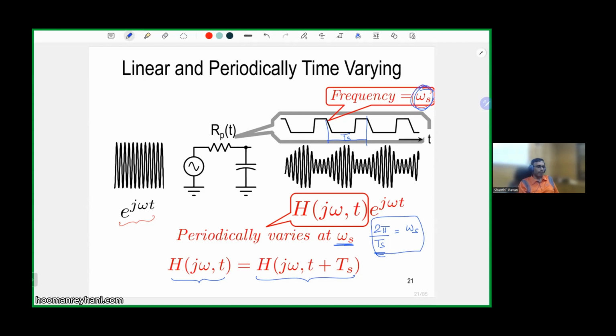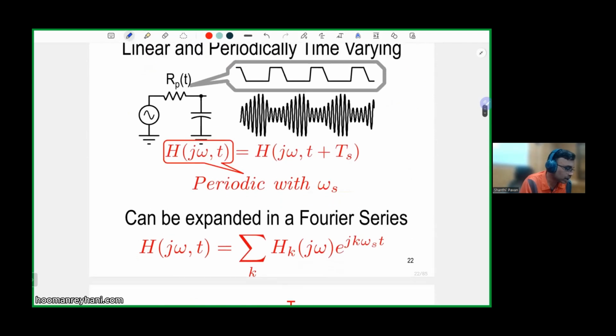Now, if you have a waveform which is periodic with time, you can always express it as a Fourier series, and that's precisely what we do.